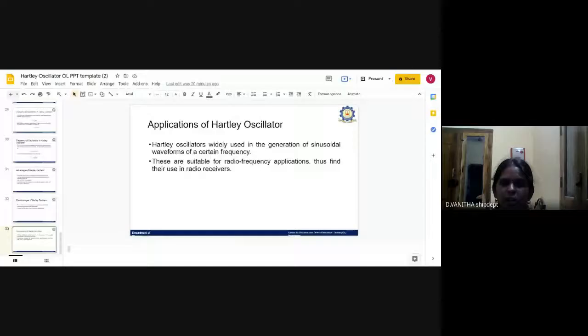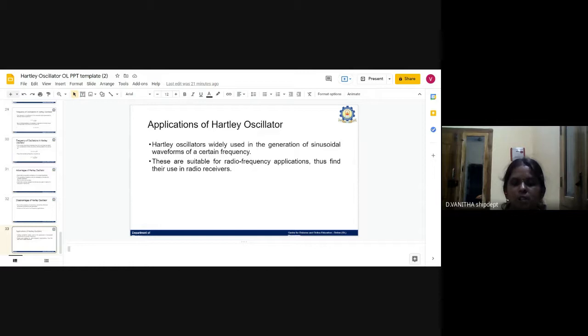When the current is passing through the tank circuit, the tank circuit is oscillating with a frequency f equal to 1 by 2π root of L into C. Here we are using two inductance coils, so we can calculate the inductance L is equal to L1 plus L2 plus 2M. Here the mutual inductance has to be added.